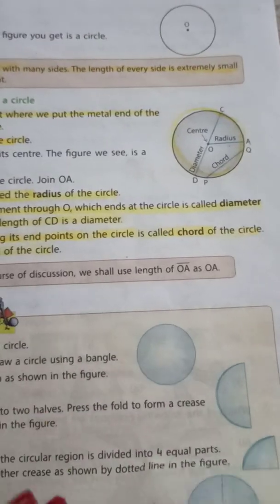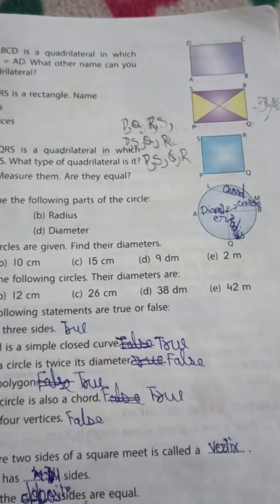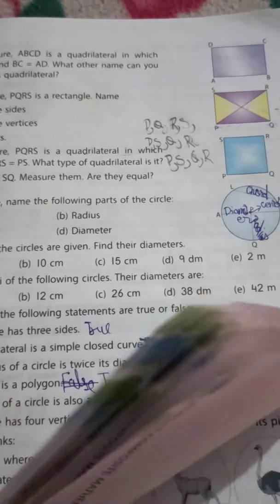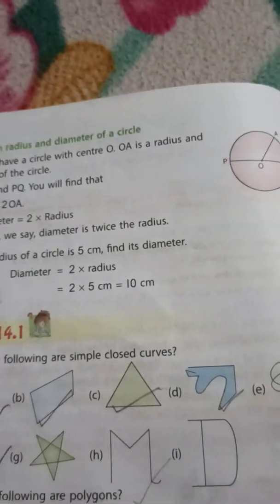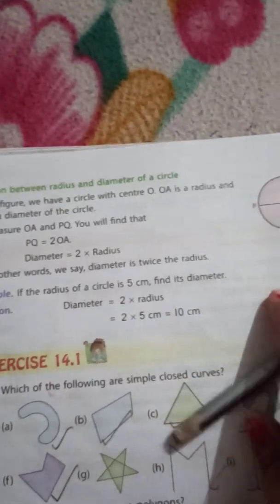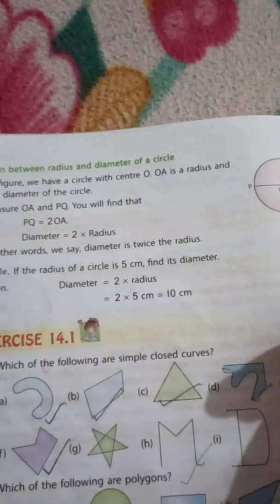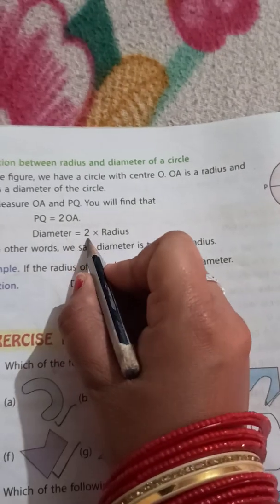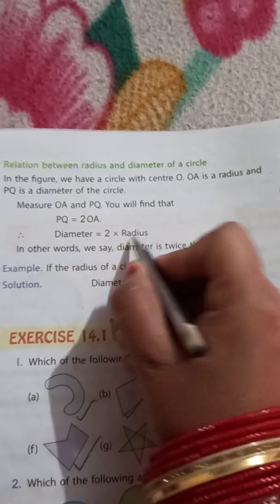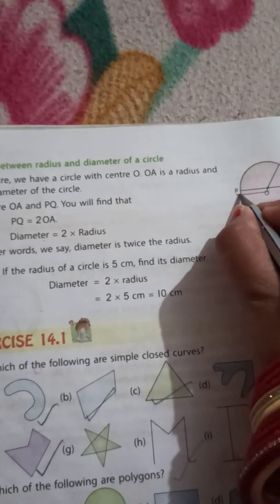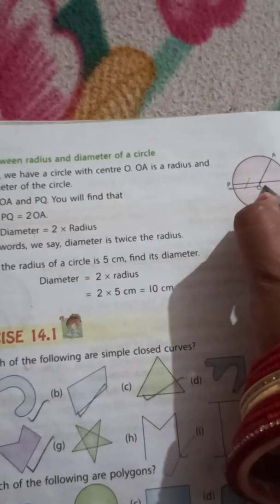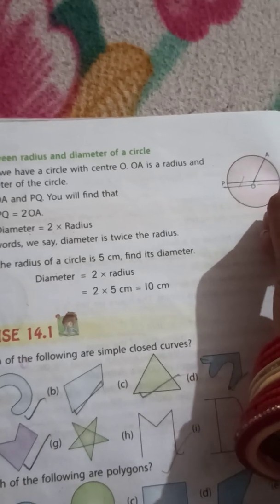Now let's learn the relation between radius and diameter. See, diameter is 2 into radius. This is a radius, and if we count the whole, it is twice the radius.